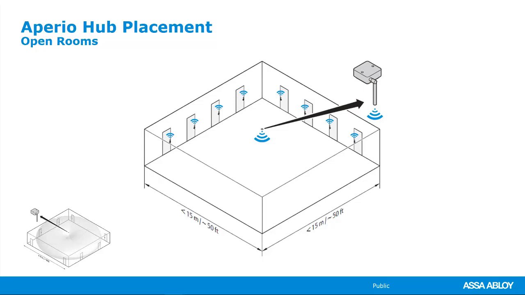And the beauty about the Aperio products is there's no assigned manner of doing it. By doing surveys, you're going to find out what works best for your specific application in that specific door or hallway.